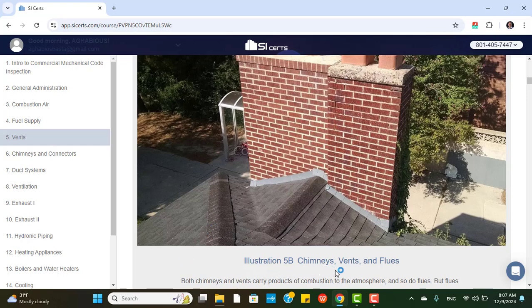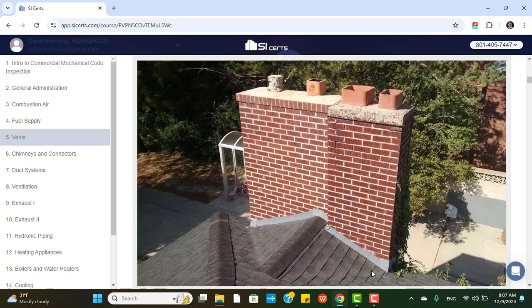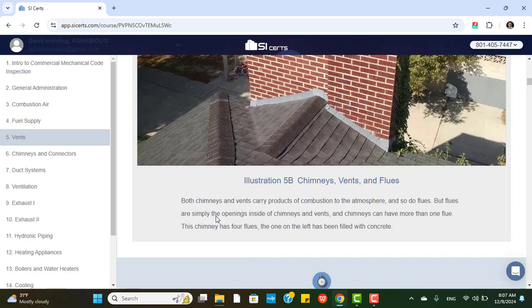Illustration 5B, chimneys, vent and flue. Both chimney and vent carry products of combustion to the atmosphere, and so do flues. But flues are simply the opening inside of chimneys and vents.